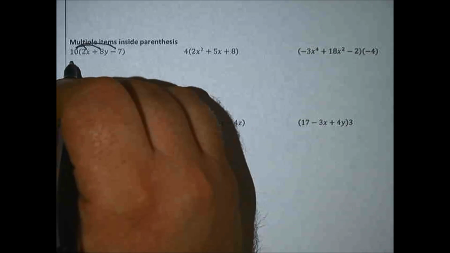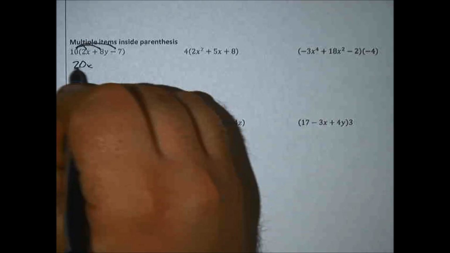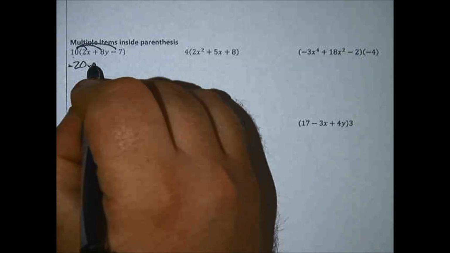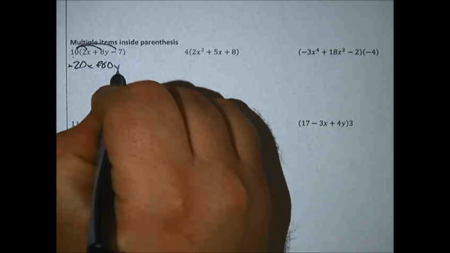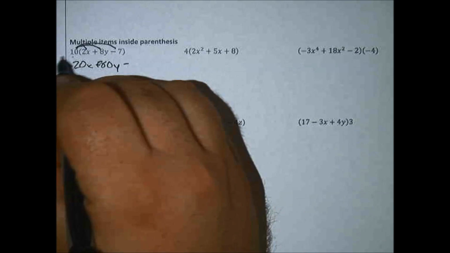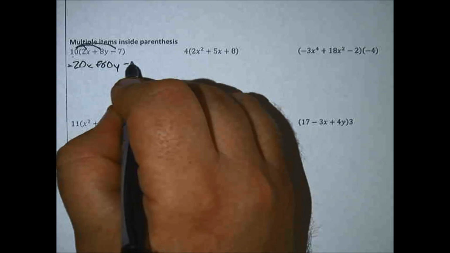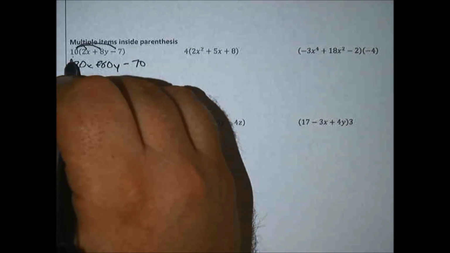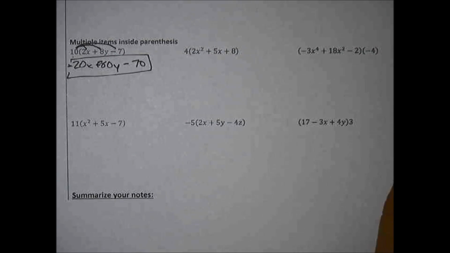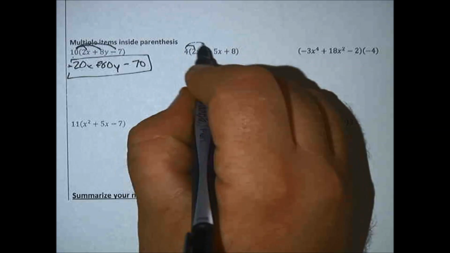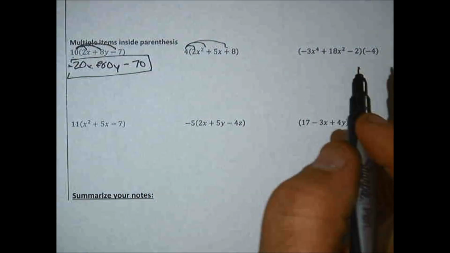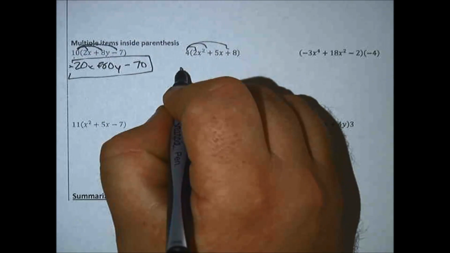Alright, so 10 times 2 is 20x. 10 times 8 is 80, plus 80y, minus 10 times 7 is 70. And that's done. If we ended up with like terms, we'd have to then combine them, but we don't have any there.